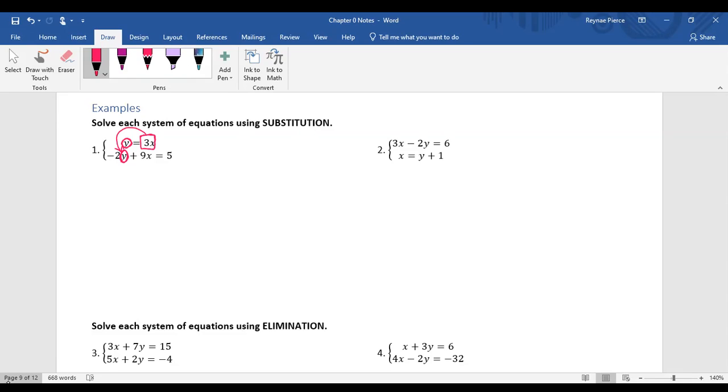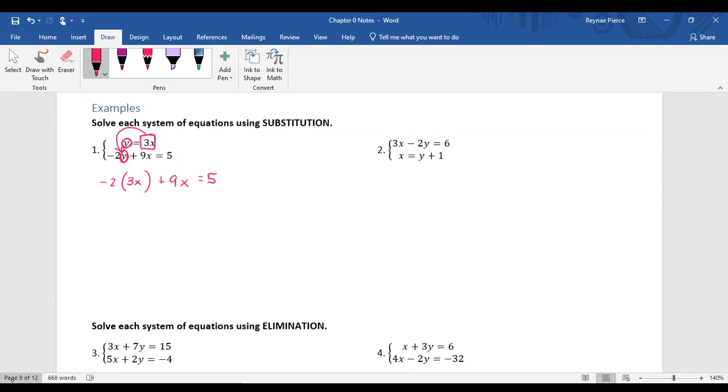And what that does for me, instead of negative 2y, I've got negative 2 times 3x plus 9x equals 5. That makes the second equation have only a single variable in it. And you can solve an equation with just one variable, but with two variables, it's a little more difficult.